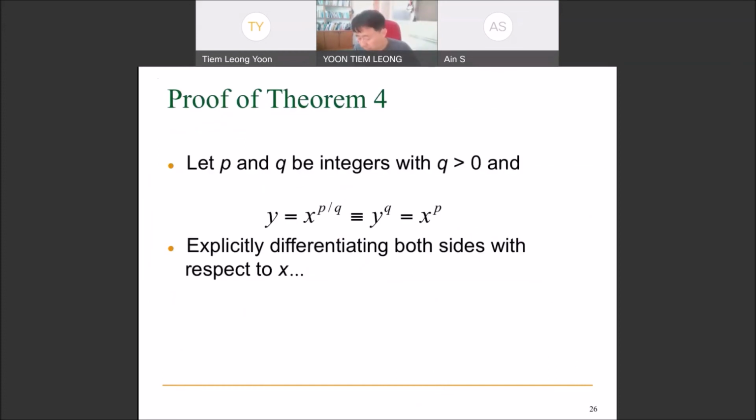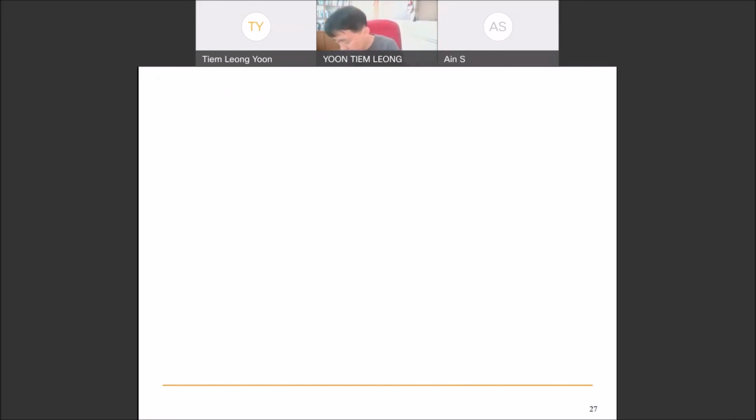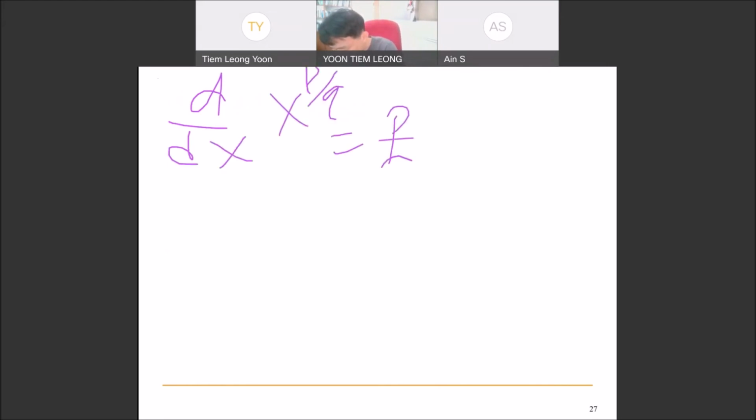Okay, so the statement y equals x raised to the power of p/q is equivalent to the statement y^q equals x^p. So this is a slide that tries to prove that. So how do you prove that statement? We want to prove this statement: d/dx of x^(p/q) equals p/q times x^(p/q - 1).